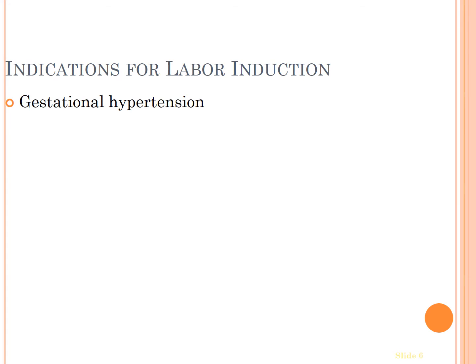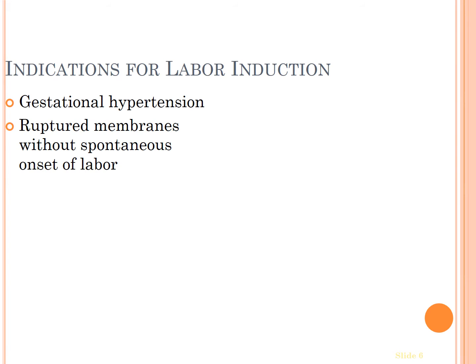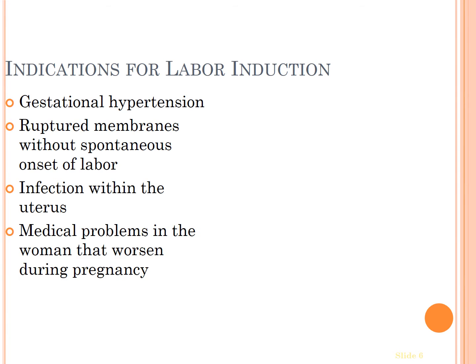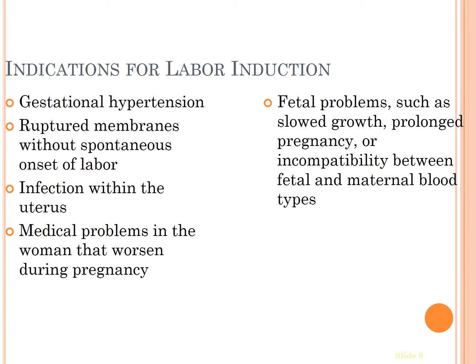So indications for labor induction are listed on this slide. Of course, gestational hypertension. Just because they have hypertension doesn't mean they're going to be induced. But if mom's health is being compromised, baby's health is starting to be compromised, this would be an indication for an induction. Ruptured membranes, maybe a spontaneous rupture of membranes without the onset of labor beginning.